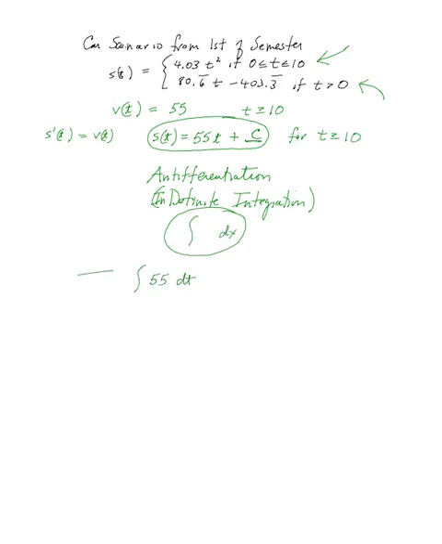This expression right here says, find the most general antiderivative of 55. What was our answer? It was 55t plus a constant.